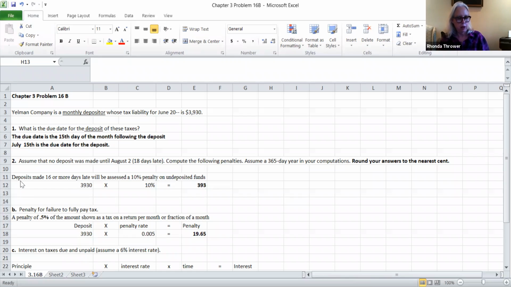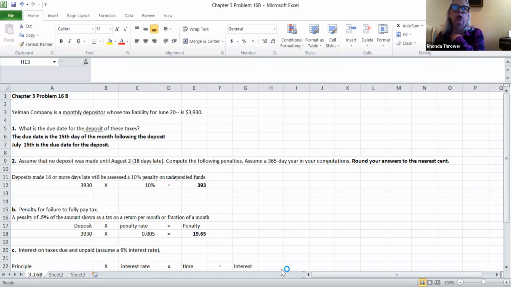They have a listing of deposits that were made after their due date. And if you look on the table that's on page 332, you can see that if the deposits are made 16 or more days late, it will be 10% of the undeposited taxes that they're going to charge you as a penalty.